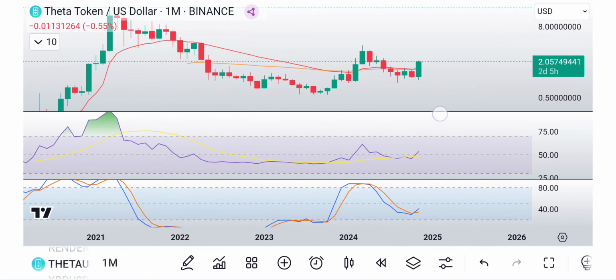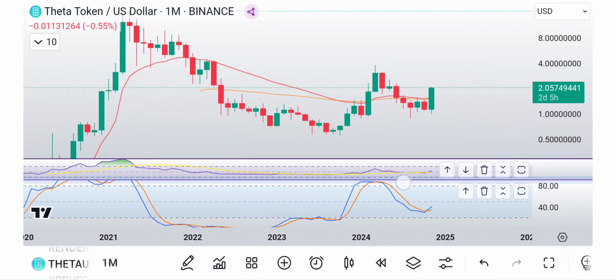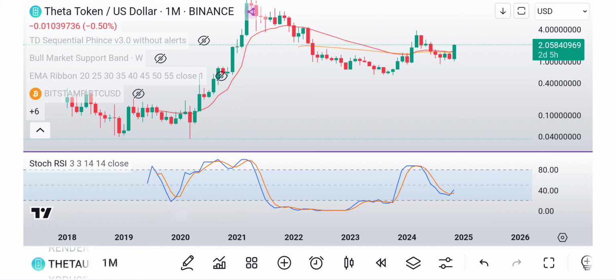So let's look at this here. The RSI, I'm going to actually shrink that. So the stock RSI, you can see we've been oversold for so long down in here. And it could stay down there for a long time. And it did. It stayed down there for basically almost 3 years, right?